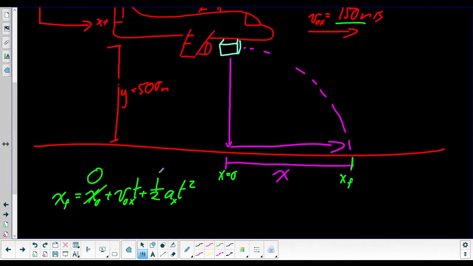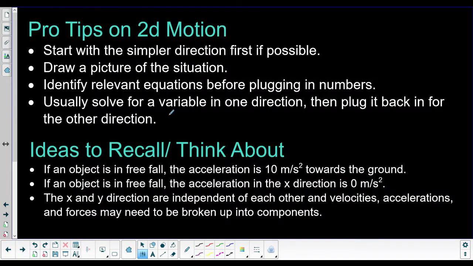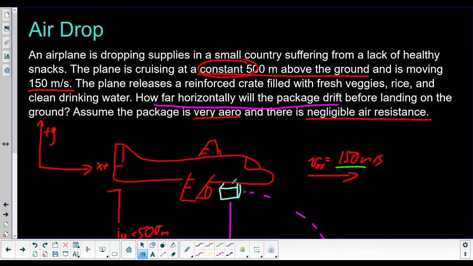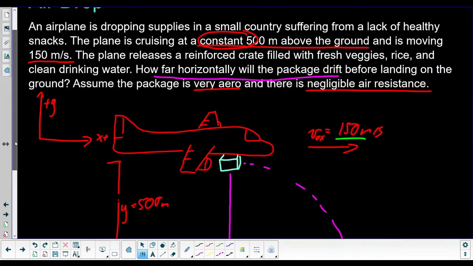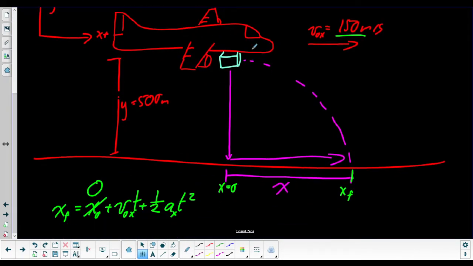And our acceleration, let's go back. If an object is in free fall, the acceleration in the x direction is 0. When I just let go of this box, and there's no rockets, no parachute, no nothing, that's in free fall, right? So there's no unbalanced force that will make this box accelerate horizontally.